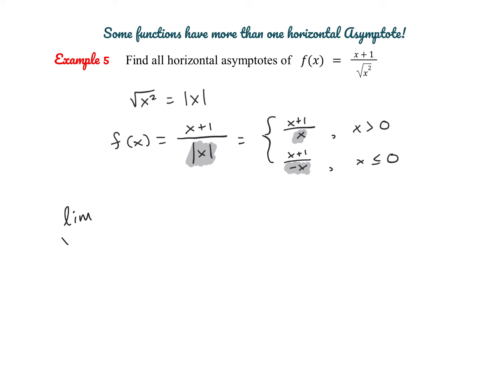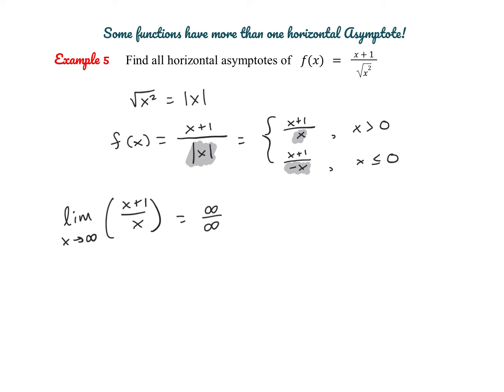So let's start when x approaches positive infinity. Since x is approaching positive infinity, that's when x is greater than 0. So we would use this portion of our piecewise function. So it would be this. And if you evaluate this limit, we end up with that indeterminate form.